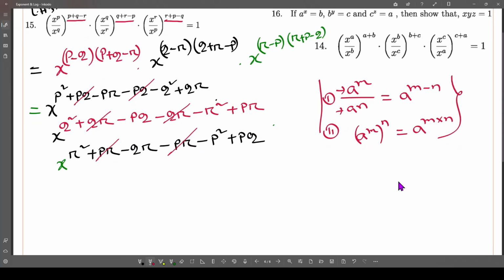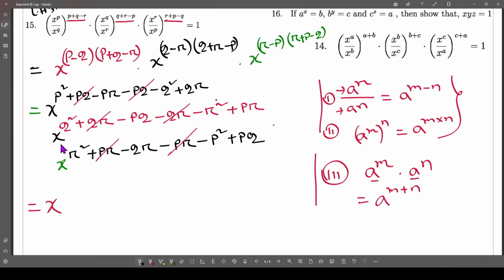Now we will follow third law, like we know a to the power m times a to the power n, it means once bases are same, that time powers will be added in multiplication. So m plus n, therefore we can write this is x, which is base.